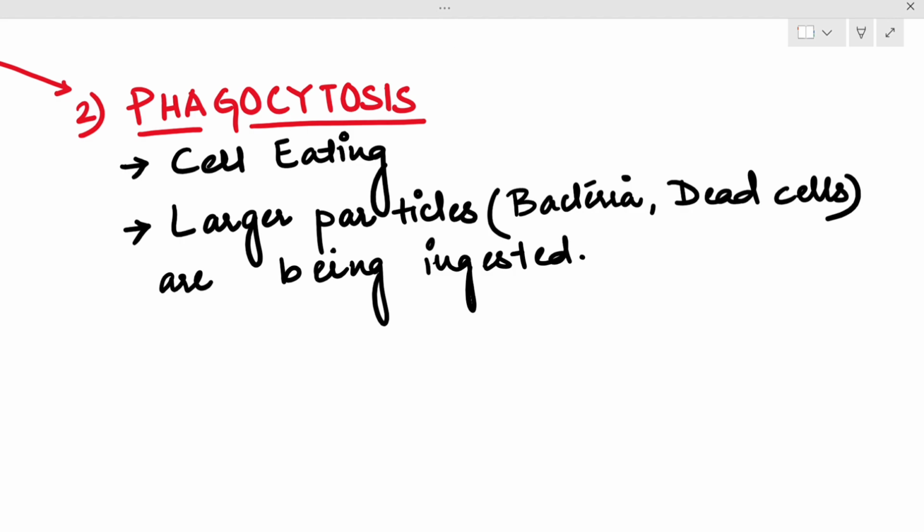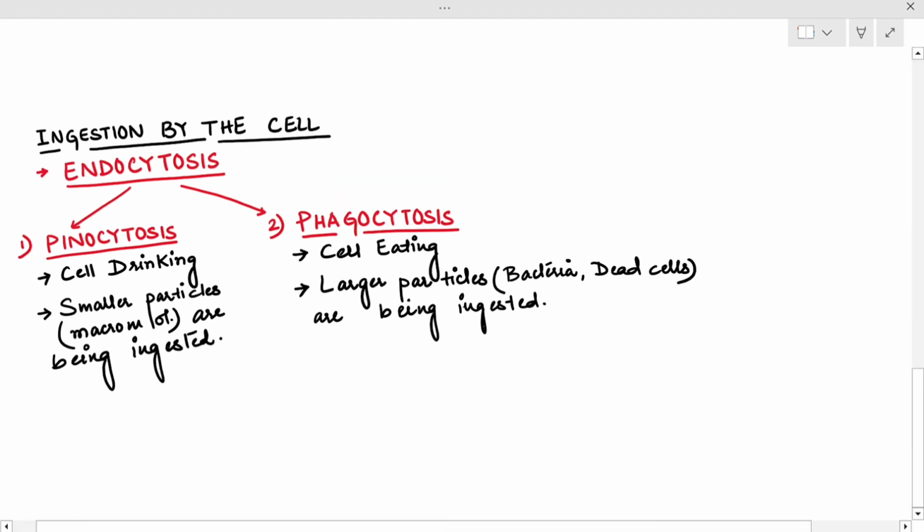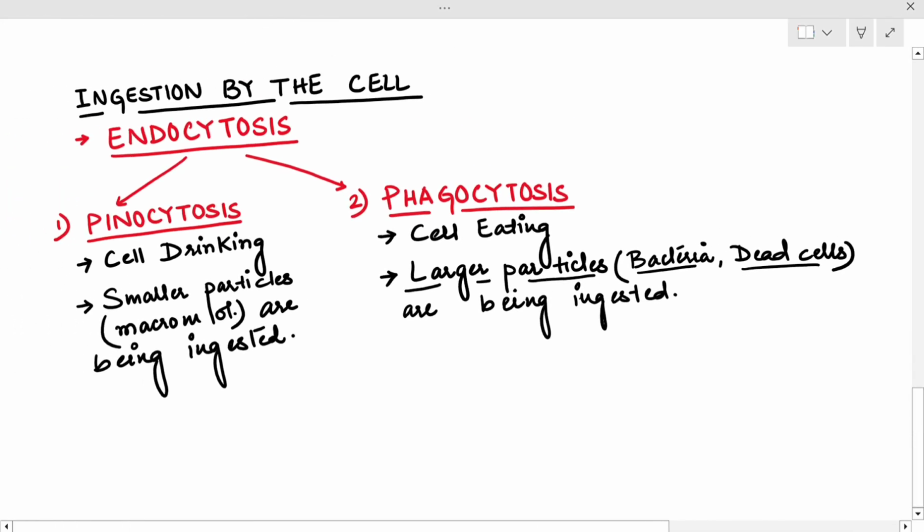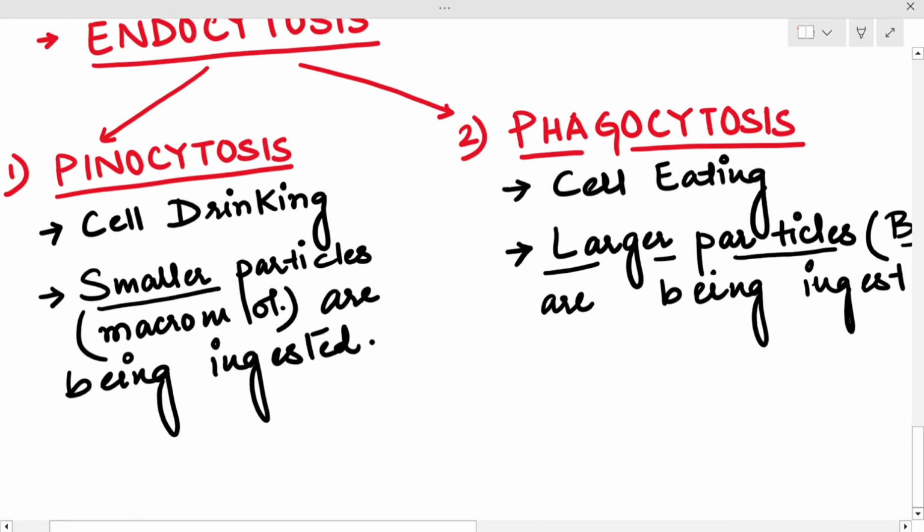Okay. So now you can get the difference between pinocytosis and phagocytosis. In phagocytosis, larger particles like bacteria, dead cells are being ingested, and in pinocytosis, smaller particles are being ingested.